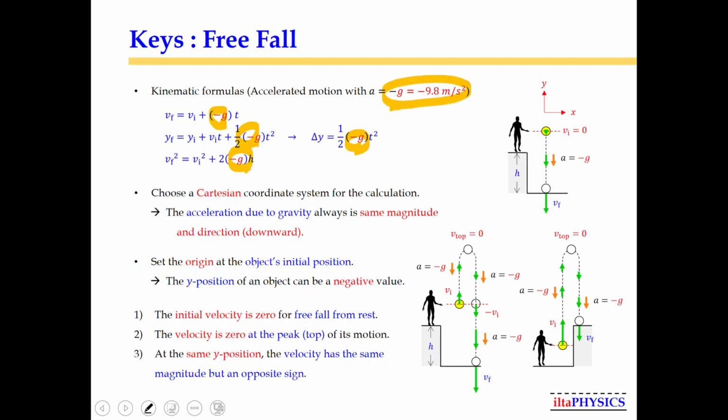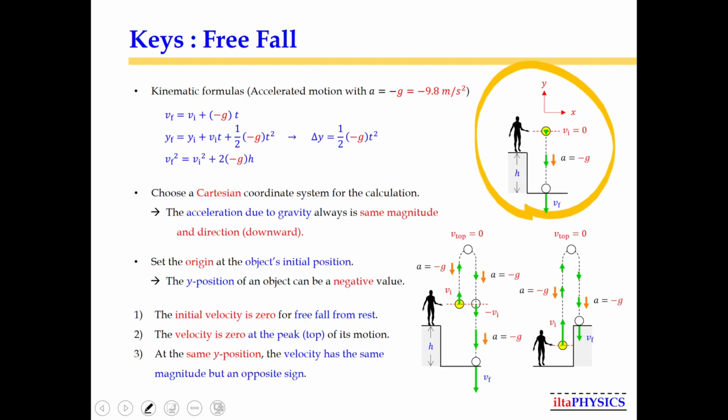Now, let me explain some important strategies for solving these problems. Another crucial decision for actual calculation is where to put the origin of your coordinate system. You can pick any position as the origin to make the math easier. However, in my solutions, I will always set the object's initial position as the origin to keep things consistent. The top right image shows the most basic type of free fall: an object is dropped from rest at a certain height.